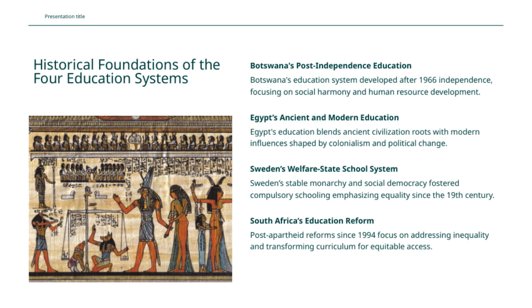These reforms aim to transform the curriculum and provide equitable access to quality education for everyone, supporting the country's broader goals of social justice and unity. Connecting all these examples, we see how historical contexts shape education systems to address specific social, political, and economic needs.